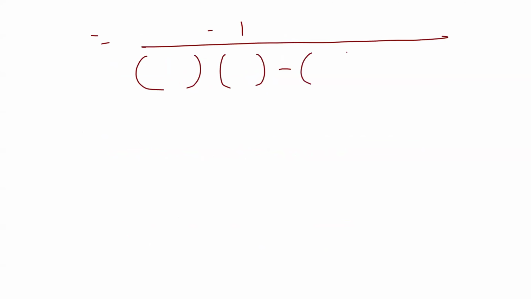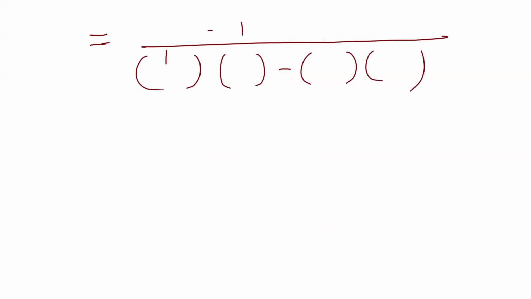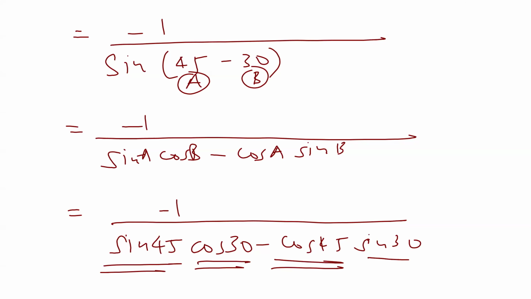Let's put the values. Sine 45 and cos 45 is 1 by root 2. And cos 30 and sine 30 are root 3 by 2 and half.